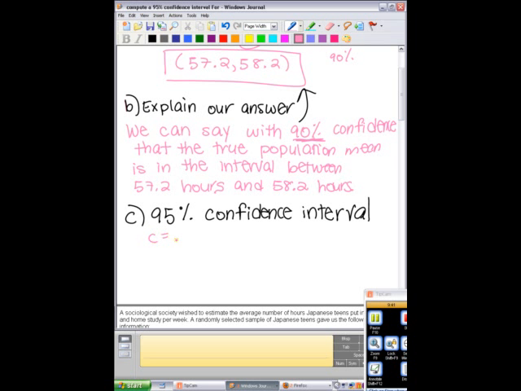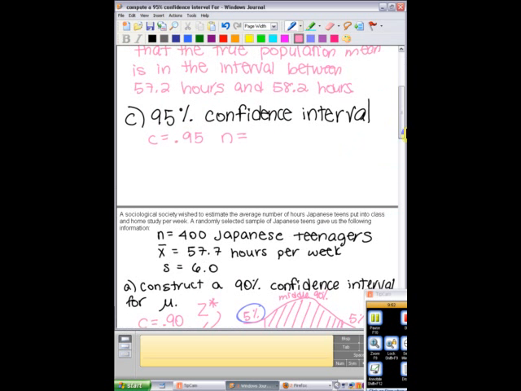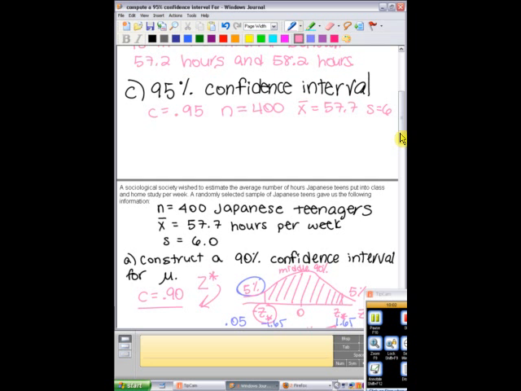So our confidence is 0.95. Our n we were given from above. Our x bar we were given. S we were given. So I'm going to do this really fast. I want you to do it on your own and just make sure that you get the right answer.